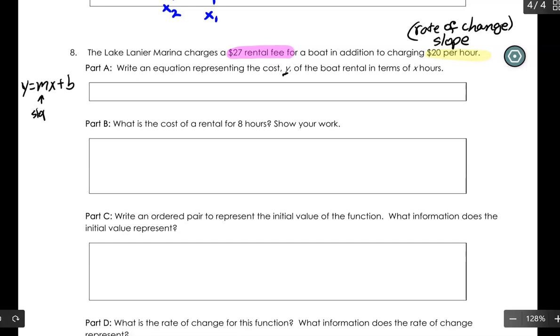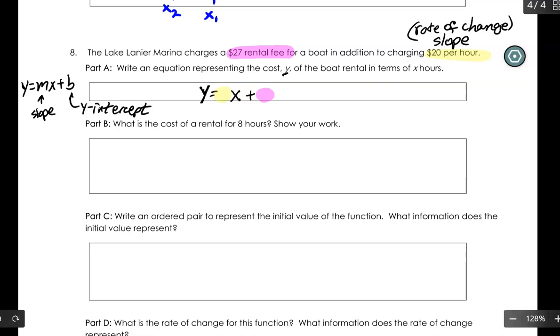M is slope, and b is your y-intercept. So that means this question is going to be y equals blank x plus blank. Now, what is the cost of rental for 8 hours?